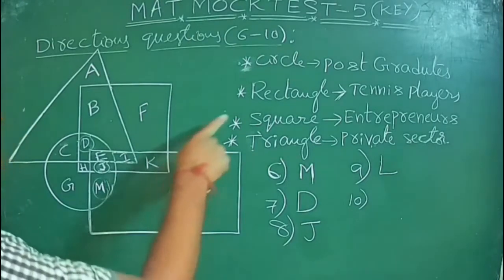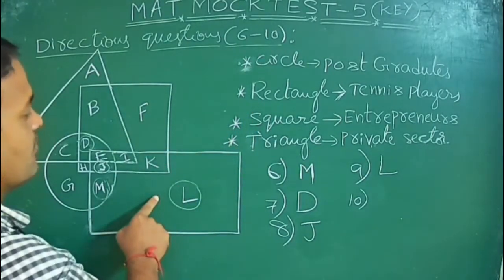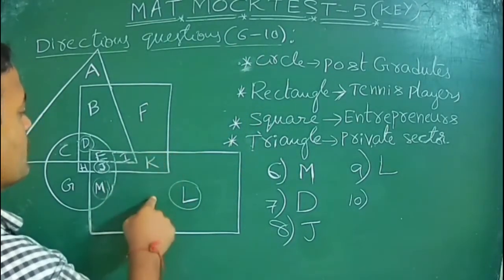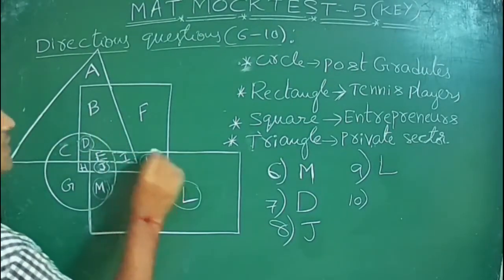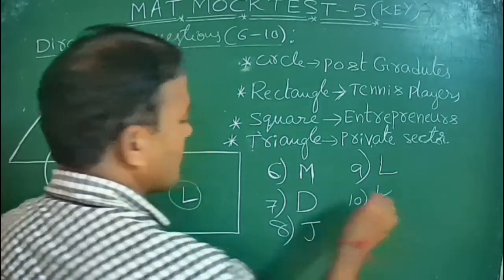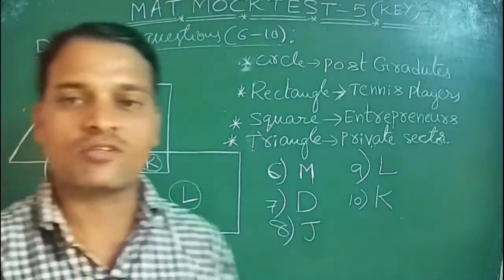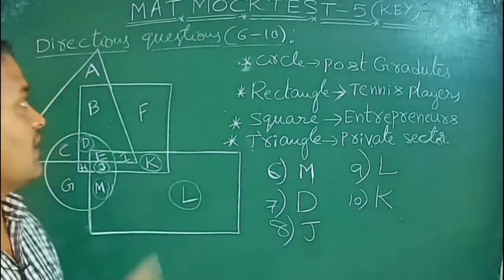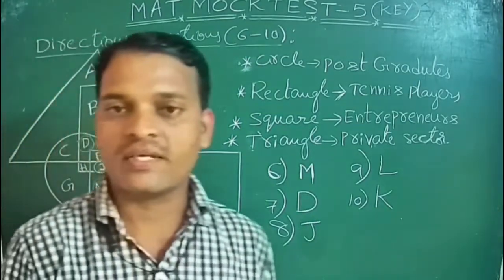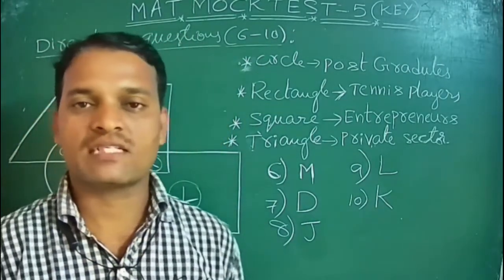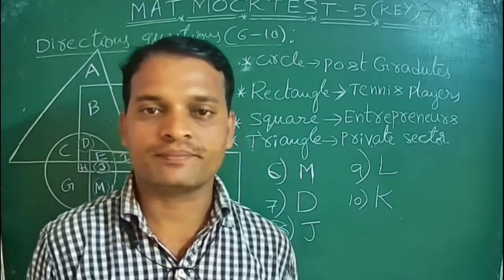Tennis players are the rectangle, entrepreneurs are the square. The intersection of these two, excluding the other two, is K. So that is the 10th question. These are the directions 6 to 10 questions based on this Venn diagram. Next I'm going to explain the 11th question.